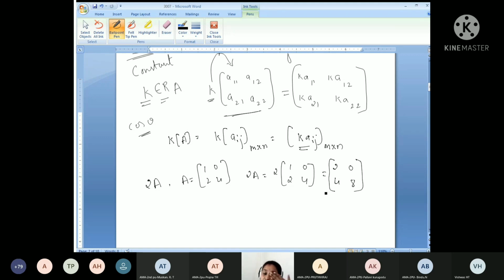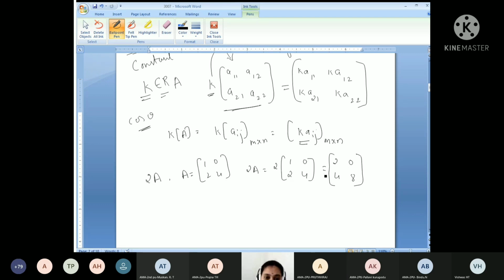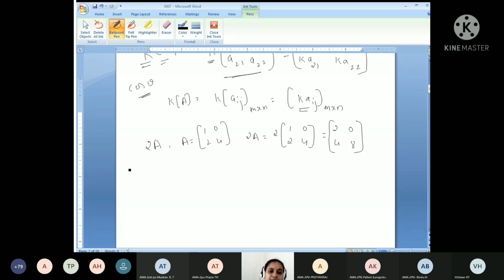Now, the things you need to observe, I will tell you as notes. First thing, for addition or subtraction, matrix order must be the same.